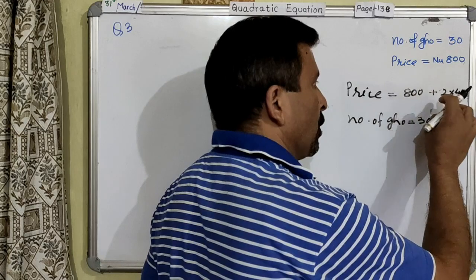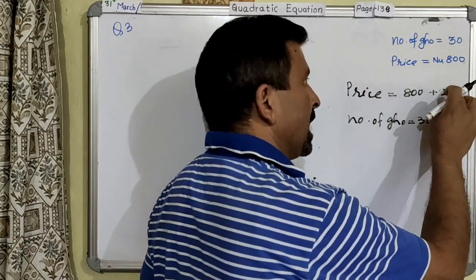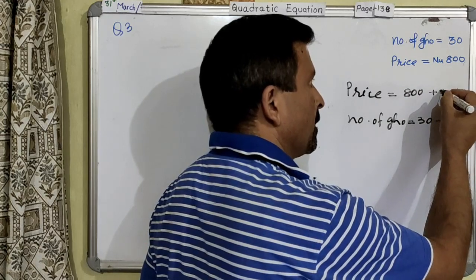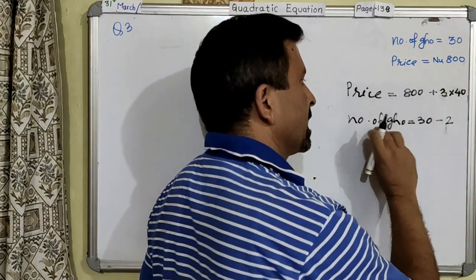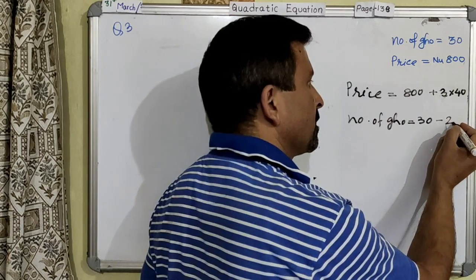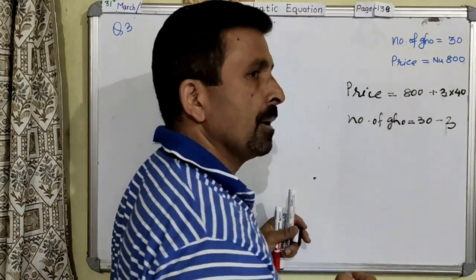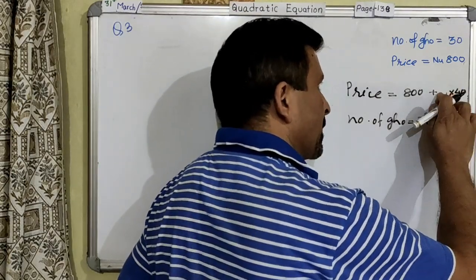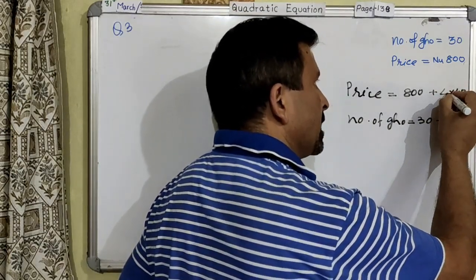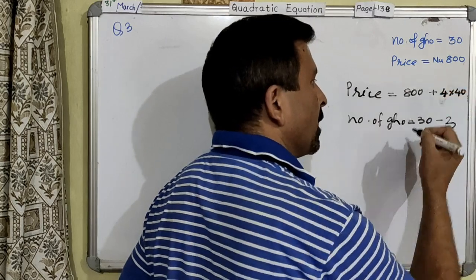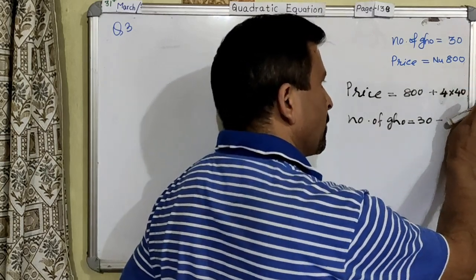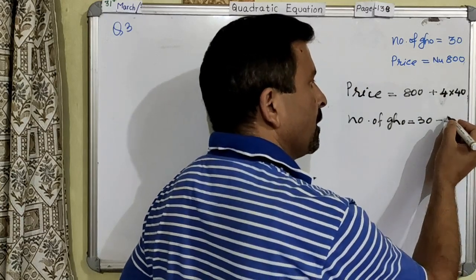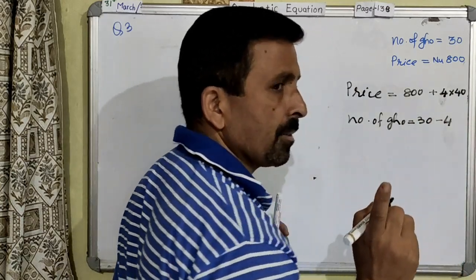If the price of the hoe increases by 3 times the 40, the number of hoes will decrease by how much? 3 times. Are you understanding this? Similarly, if I increase the price of the hoe by 4 times the 40, then the sale of the hoe will decrease by 4. Are you getting me or not?